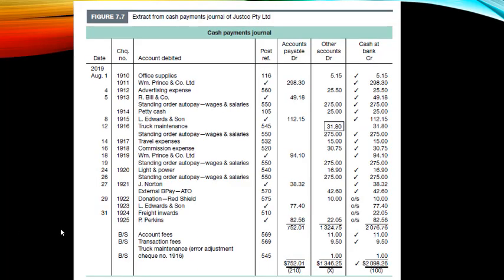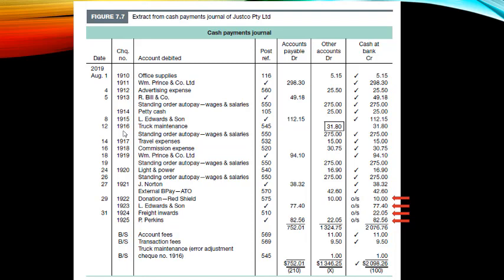Now you check the outstanding or unpresented checks. In our reconciliation, the unpresented checks will be check numbers 1922, 23, 24, and then 25.